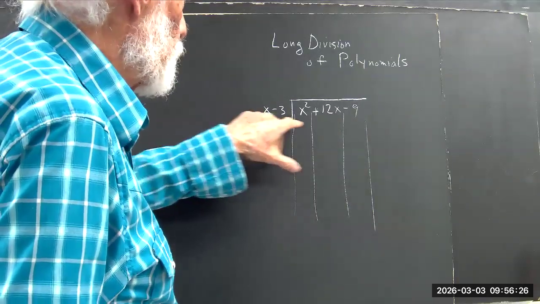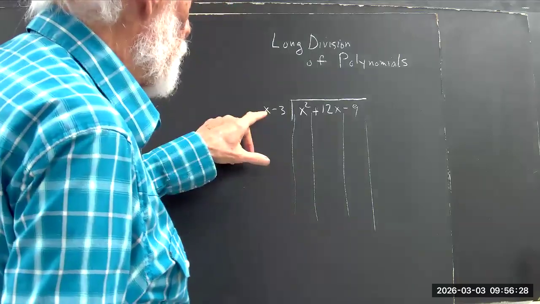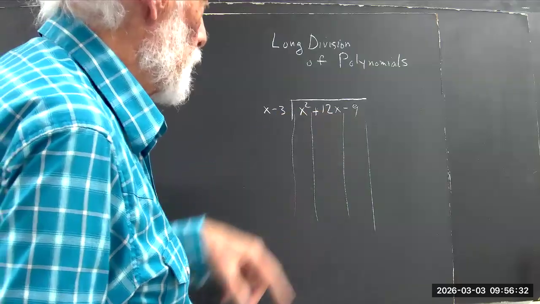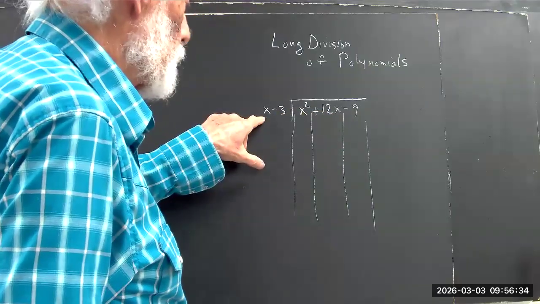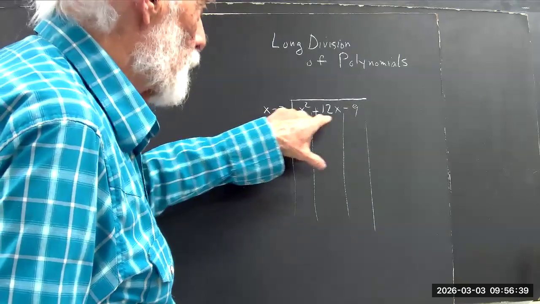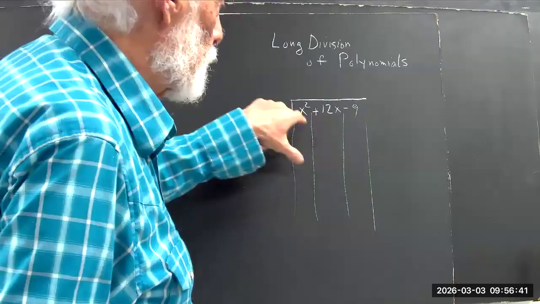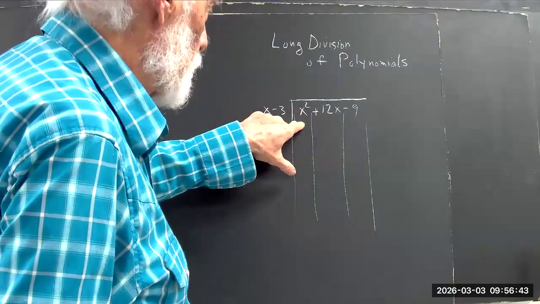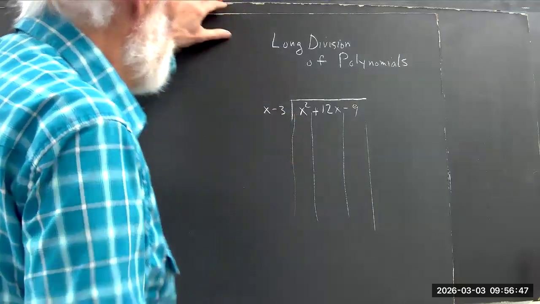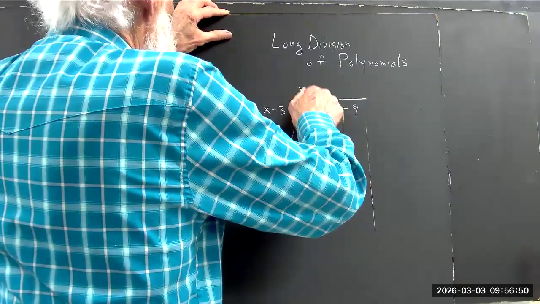We look at the leading term, the highest power term, in the x minus 3 and in the x squared plus 12x minus 9. The leading term of x minus 3 is x. The leading term of the quadratic polynomial under the division sign is x squared. If we divide x into x squared, we just get x.